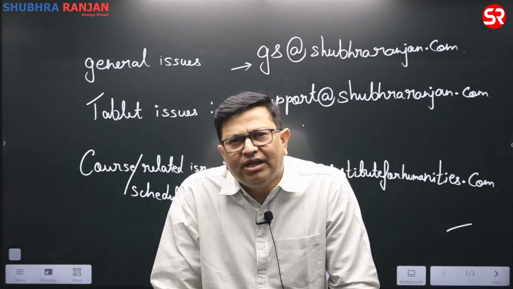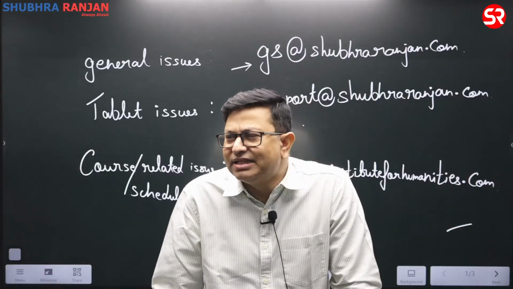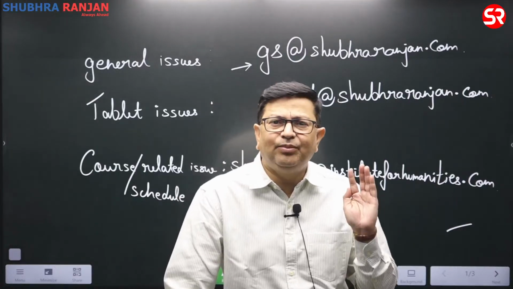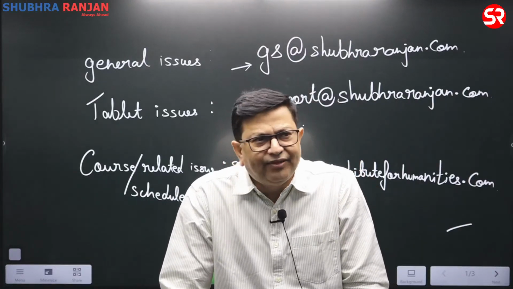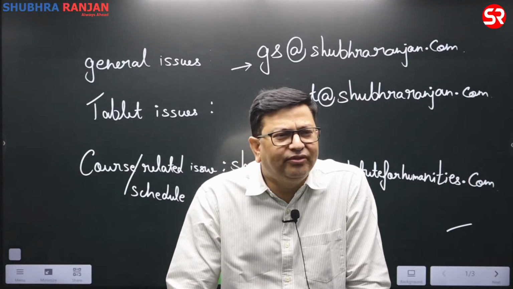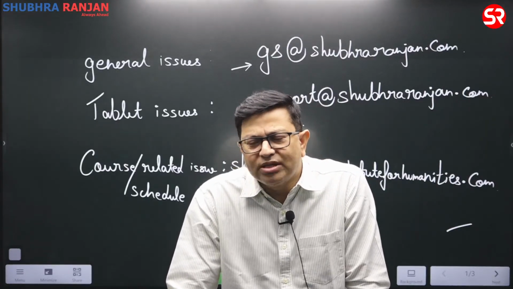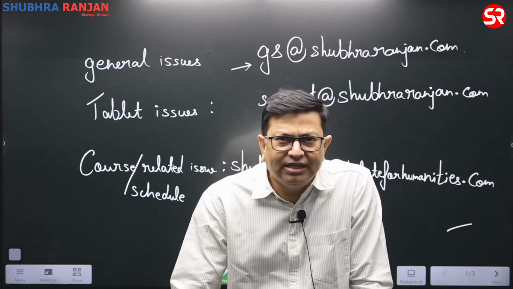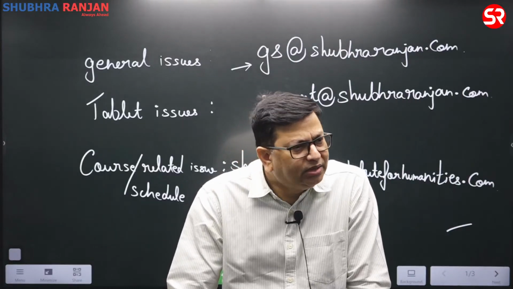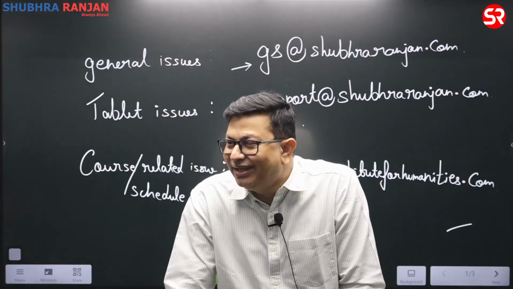We need to develop an understanding about the various aspects. For example, if with the help of this smart board I discuss with you the process for the creation of new states, and then I say that this process has been mentioned in Article 3 of the Constitution, for you the process is more important than Article number 3.